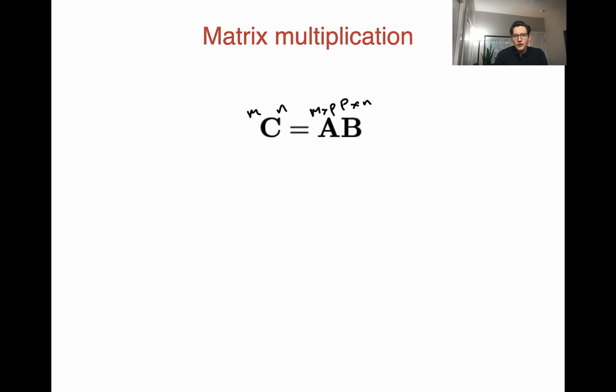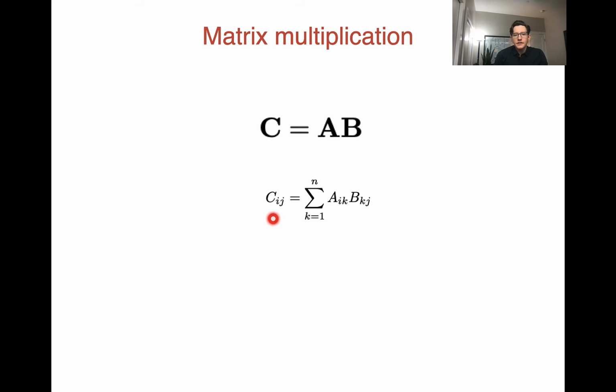One consequence of that is that matrix multiplication is not commutative, meaning you can't swap the orders. If we did B by A, we would get something with n columns multiplied by something with m rows, and that wouldn't make any sense. Okay, so not commutative.